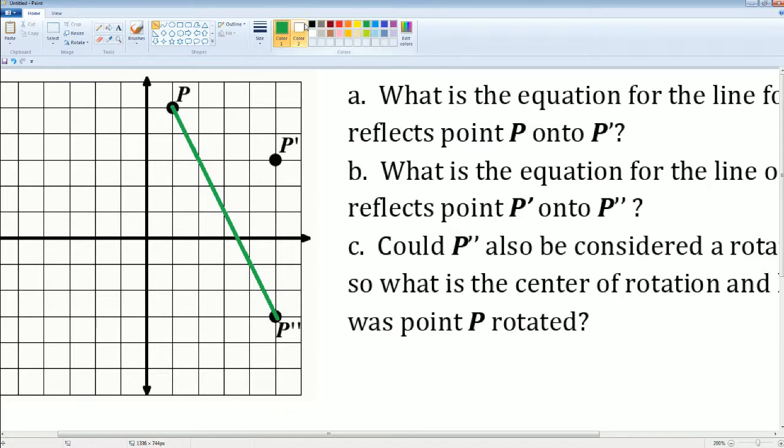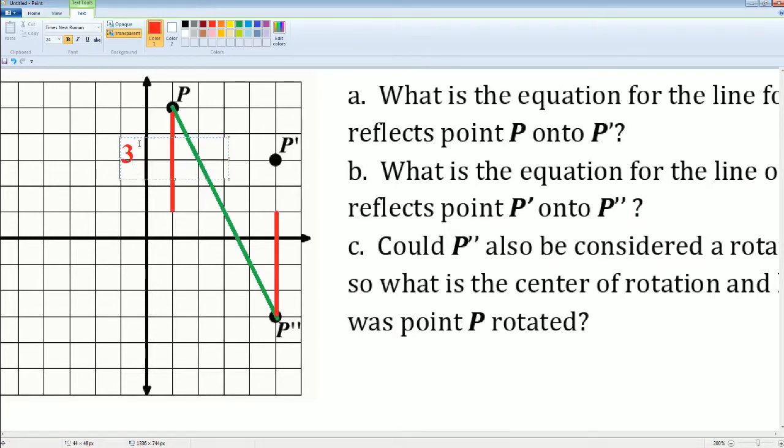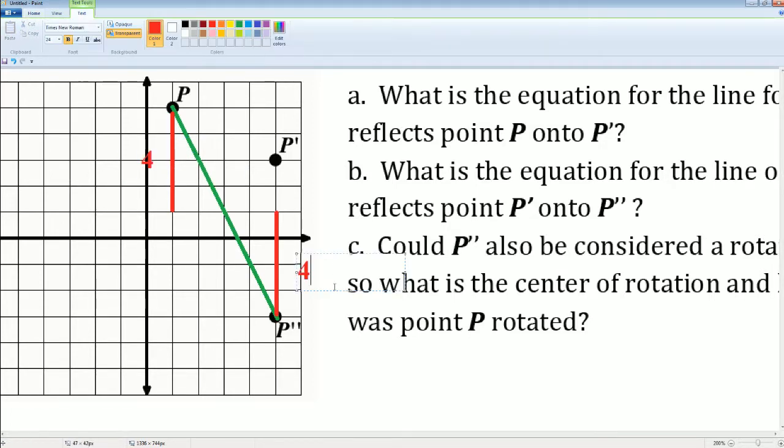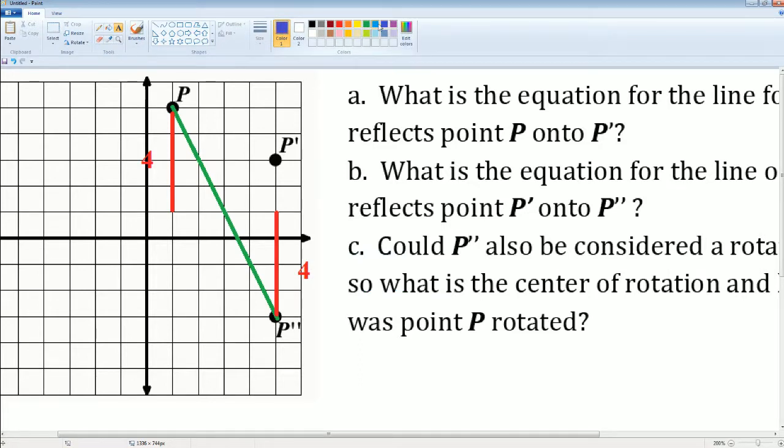So let's see. 1, 2, 3, 4. Does this work? 1, 2, 3, 4. Ooh, it might work. 4. 4. Ooh, looks like it does work.